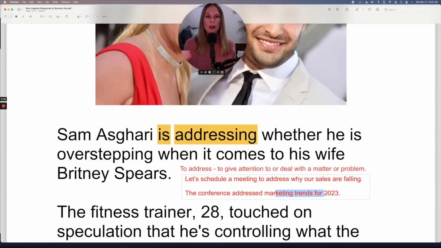Marketing trends for 2023. The conference addressed. So in this case, it isn't problem-based, so it is absolutely possible, but you'll see it more in problem-based situations. And of course, address is a verb, so you have to conjugate it. Here, I have it in the past simple.